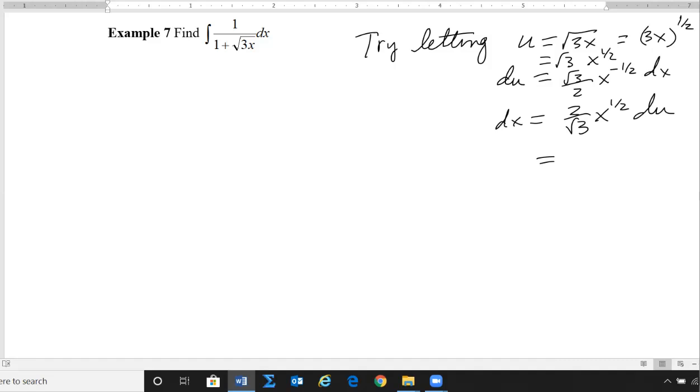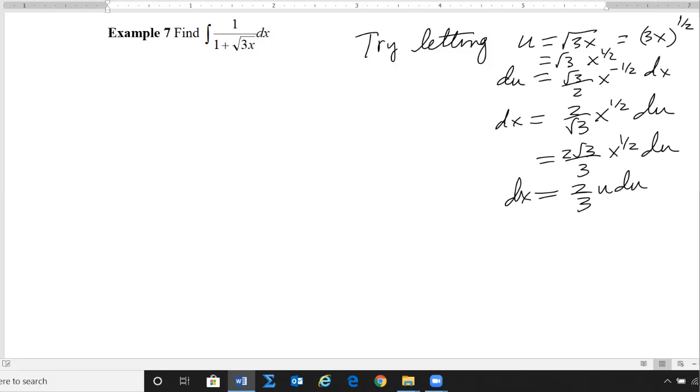Now that is 2 root 3 over 3 x to the half du. And that is just a 2/3 u du, because root 3 x to the half is right here. That's u. Okay, so that's dx.